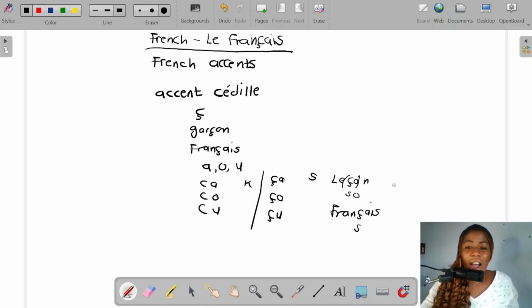Now you can look for other examples on your own. You will get to understand that accent cédille, which is a little hook below the letter C, makes the letter sound more or less like S. It's no more K. That is if it comes before the vowel sounds A, O, and U. It only applies when it comes before the letters A, O, and U. Très bien.